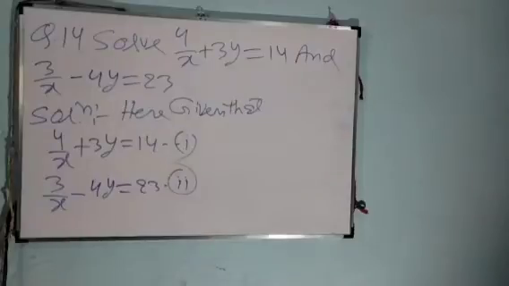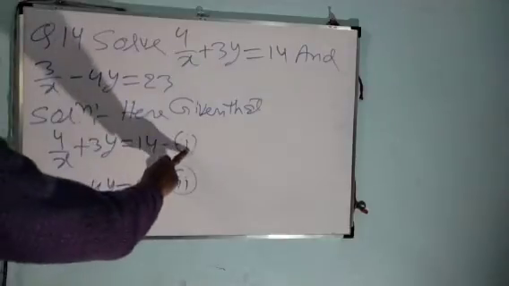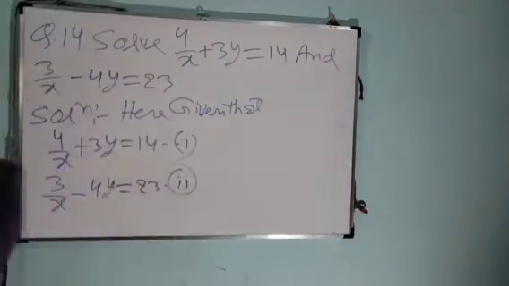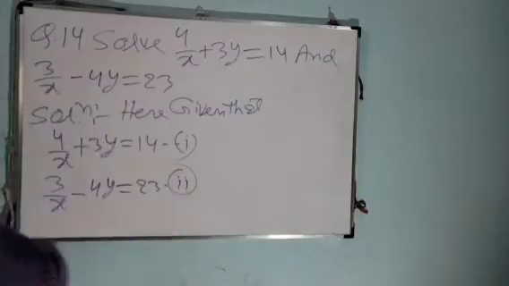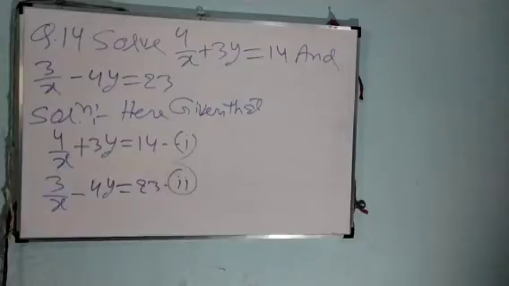For eliminating the variable x, we multiply equation 1 by the coefficient of x in equation 2, and also we multiply equation second by the coefficient of x in equation first, and we subtract. This is a short answer question, so we should avoid writing more language.